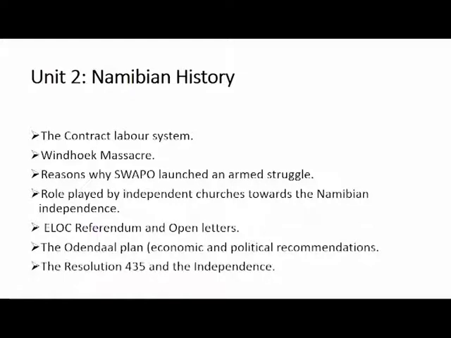After they held the IOL referendum, they wrote what was known as open letters. You should know what the open letters were all about, the content of these open letters.